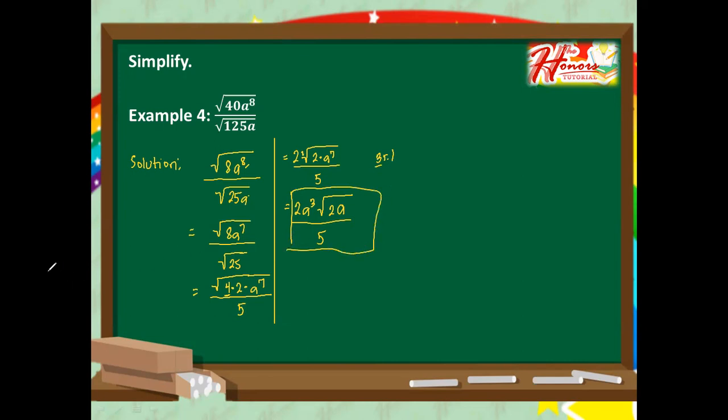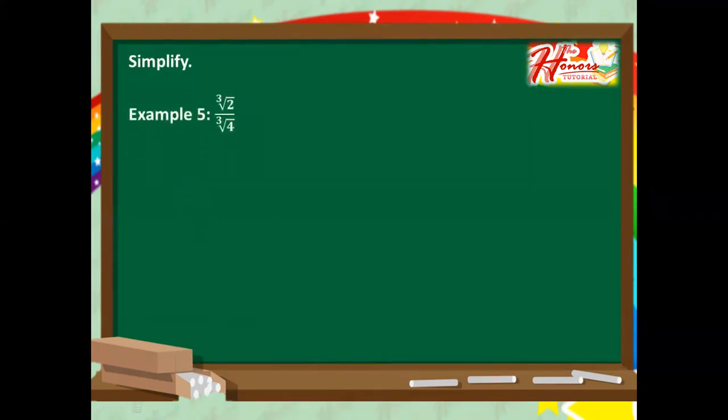Next, let us have another example. We have here example 5, which is the cube root of 2 over cube root of 4. And this is how we are going to solve for it. Let us write the word solution below. So solution. Let's copy the given. So we have here cube root of 2 over cube root of 4.